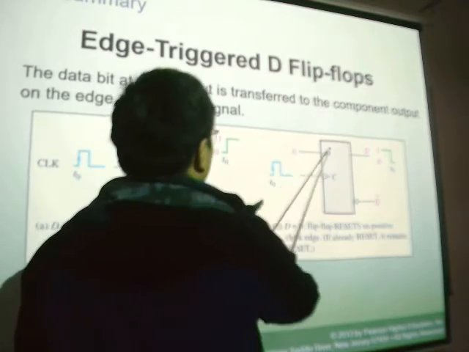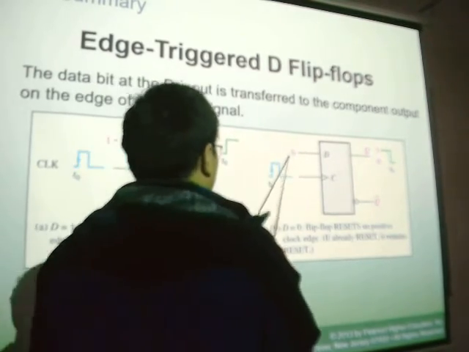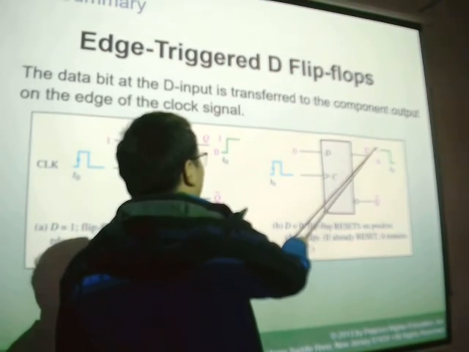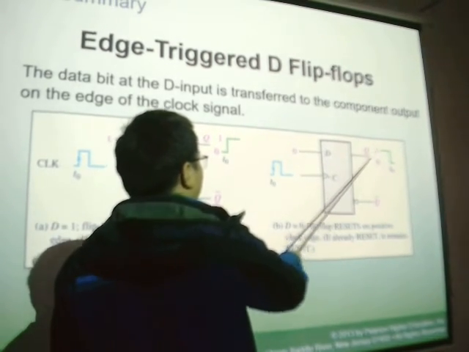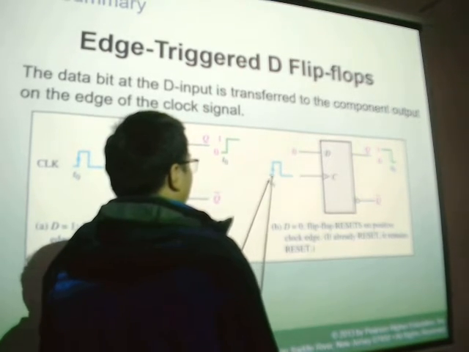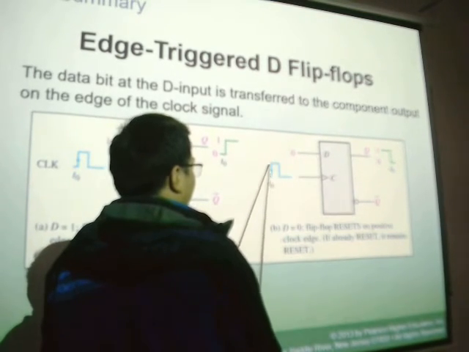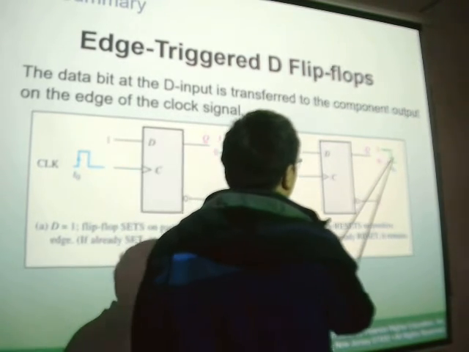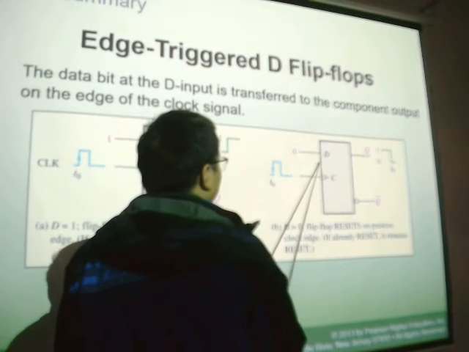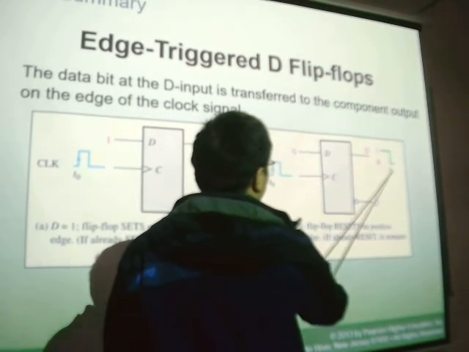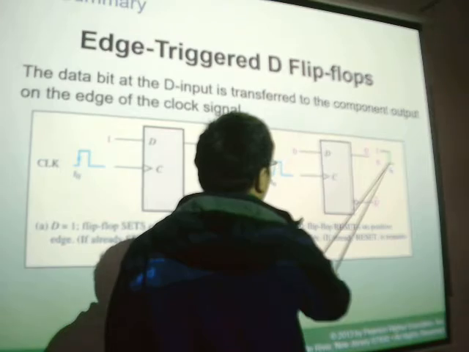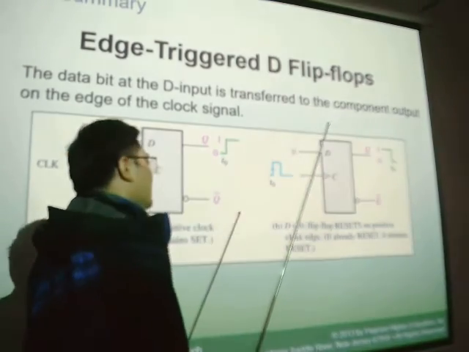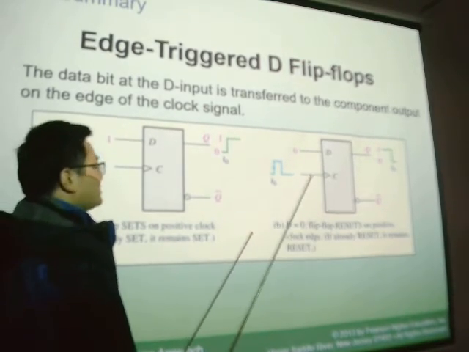If D equals 0 and the initial value is 1, then when the time is T0, the positive clock edge comes, and the output Q will equal D. So at T0 the value will be 0. If already reset, it remains reset.